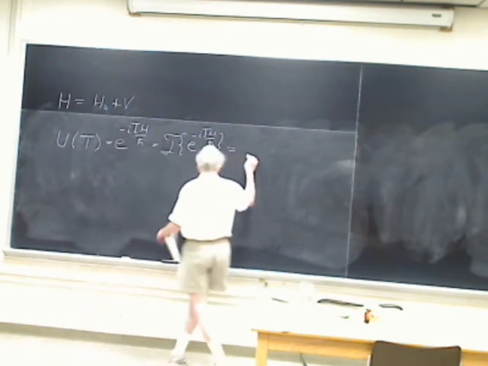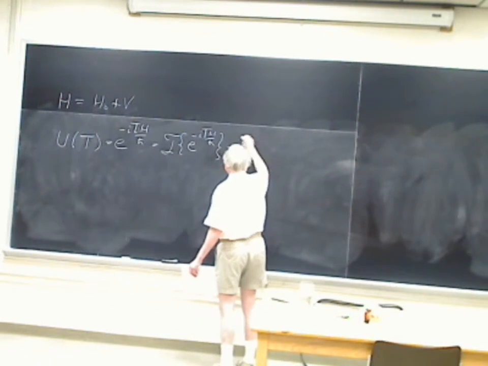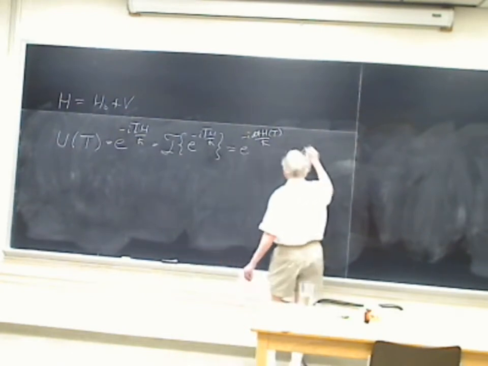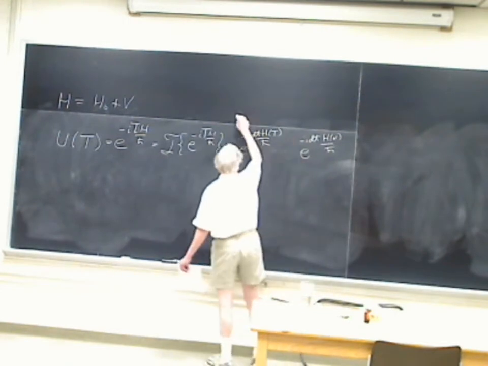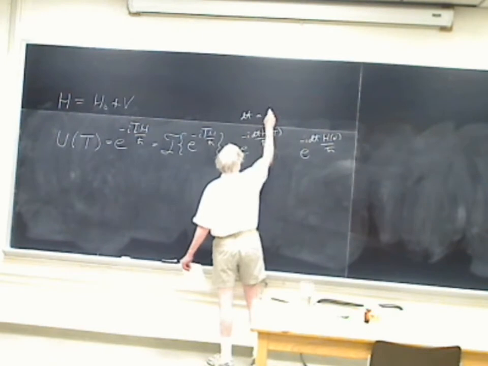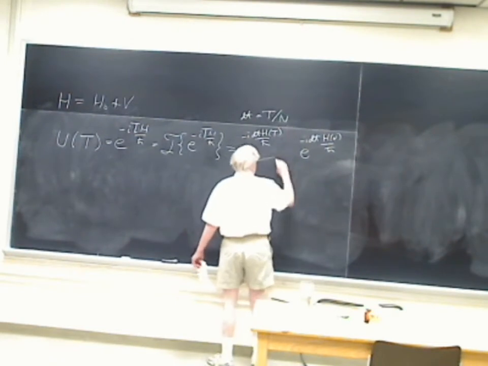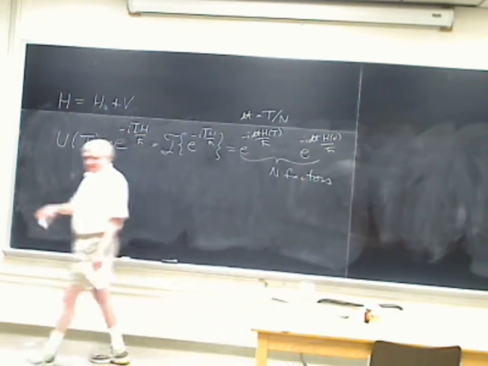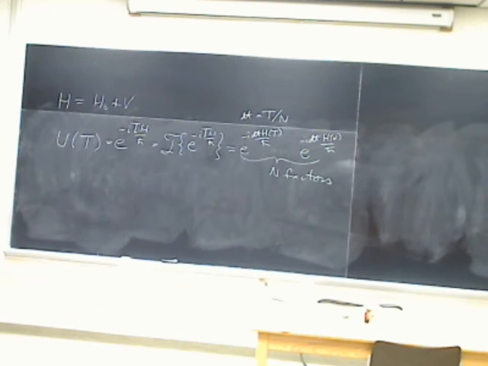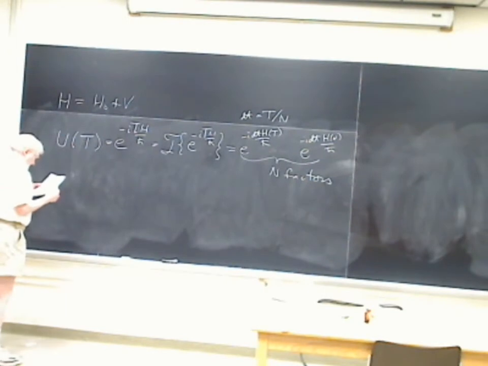In other words, this would be e to the minus i dt H of t over h bar, times e to the minus i dt H of 0 over h bar, and dt would be t over n, where there are n factors here. So that's how you do it if you had a time-dependent Hamiltonian.